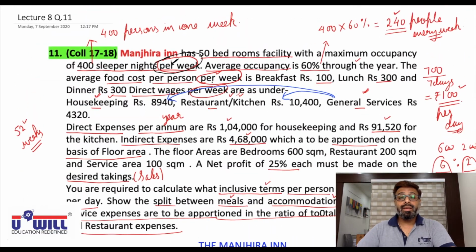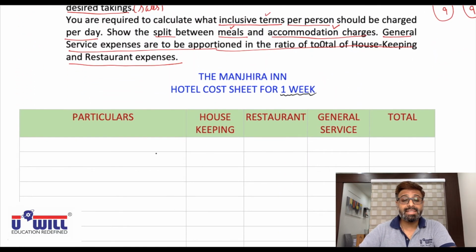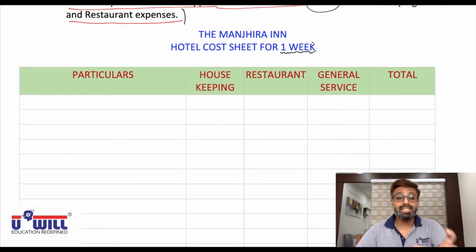Now, will we start with food cost directly? I explained to you in the last lecture, no. I explained the reason also why we cannot directly start with direct material of food cost, because food goes only in restaurant. And because of this last sentence, general service we have to apportion to housekeeping and restaurant in the ratio of total expenses. In this total expenses, we have to take only such expenses which go in housekeeping also and restaurant also.